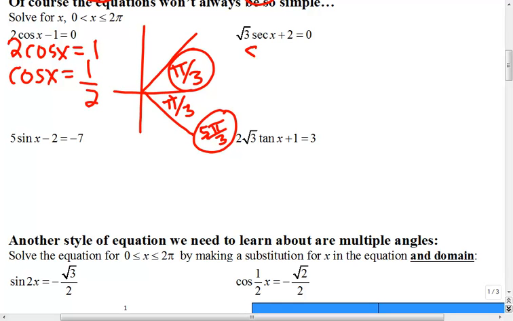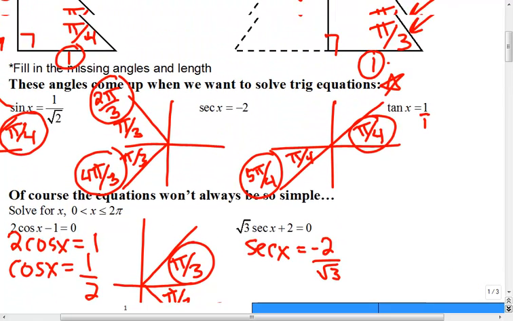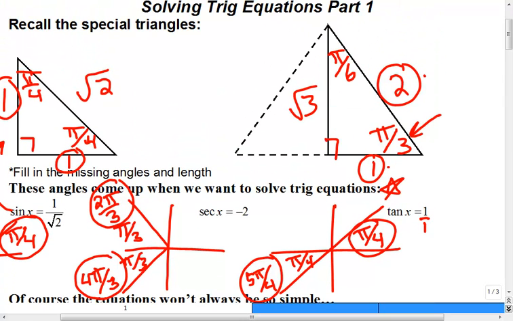But I could rewrite this. If I rearranged it, it'll be negative 2 over root 3. So I can look back on my triangles. And that means I'm going to have a reference angle this time. I need 2 and root 3, which are these ones. 2 and root 3.